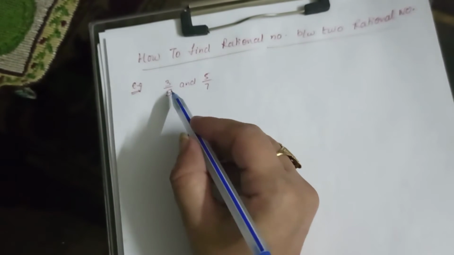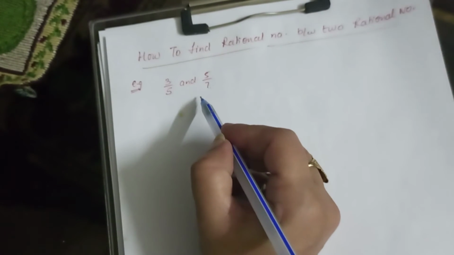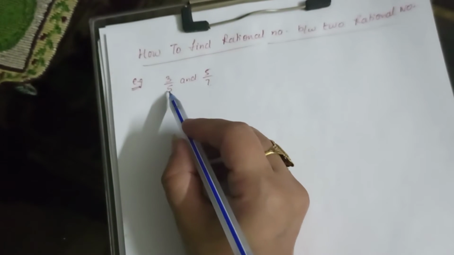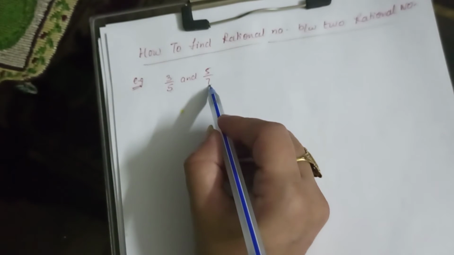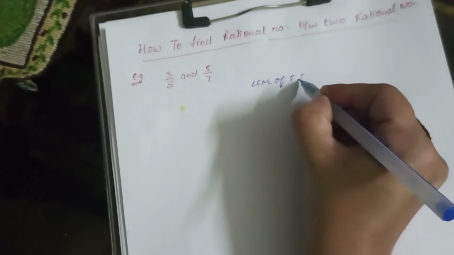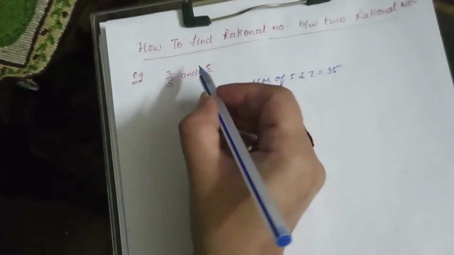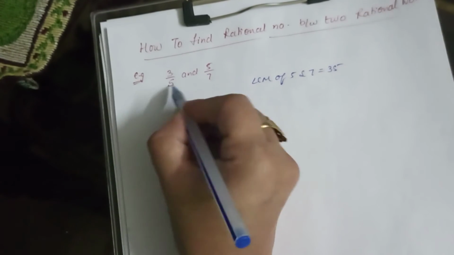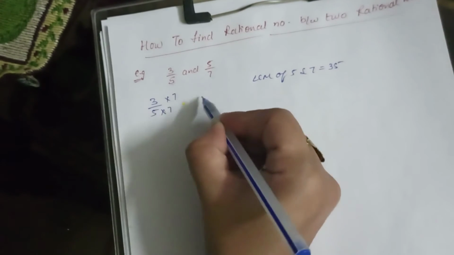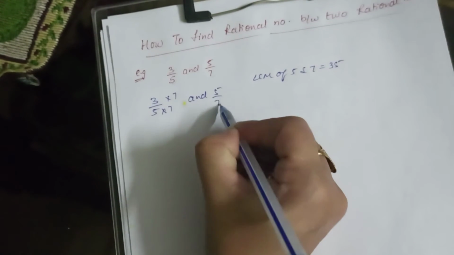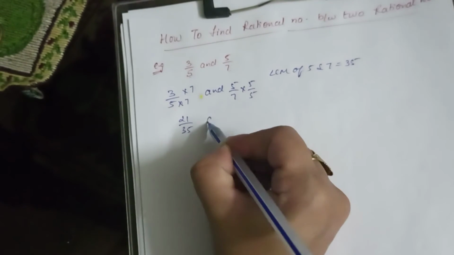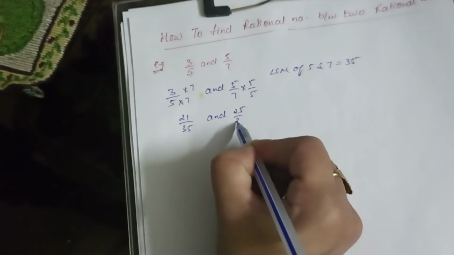If there are two numbers 3 by 5 and 5 by 7 and you have to find a rational number between them, then take the LCM of both denominators. LCM of 5 and 7 is 35. Now make 35 in the denominator, so multiply this side by 7 and this side by 5. So 21 by 35 and this is 25 by 35.